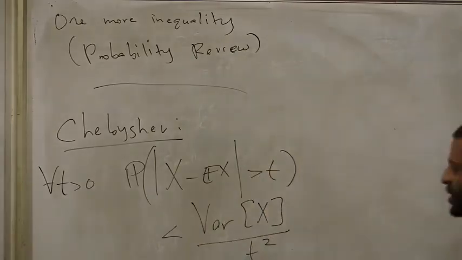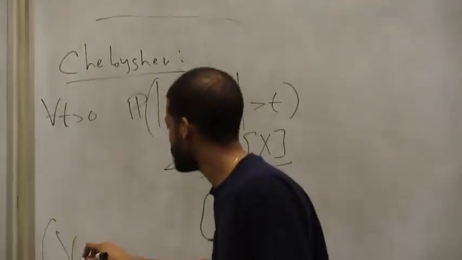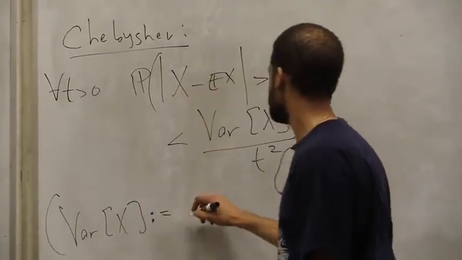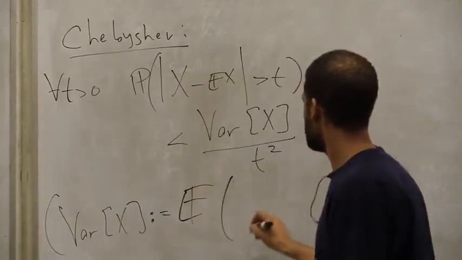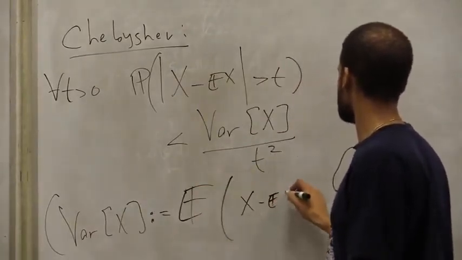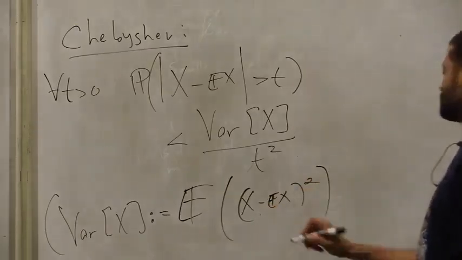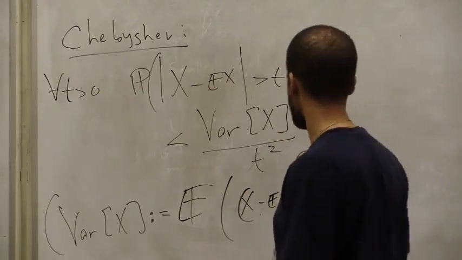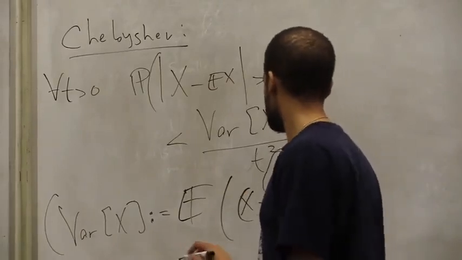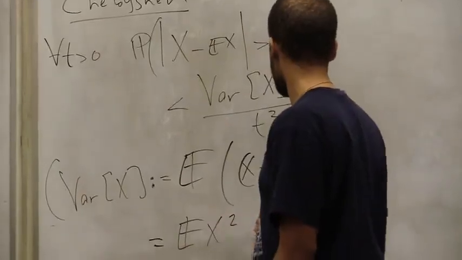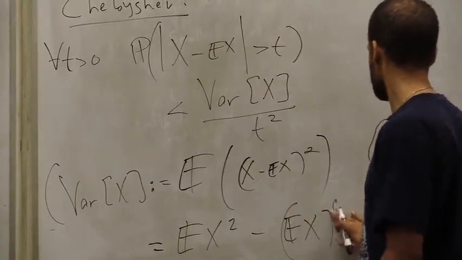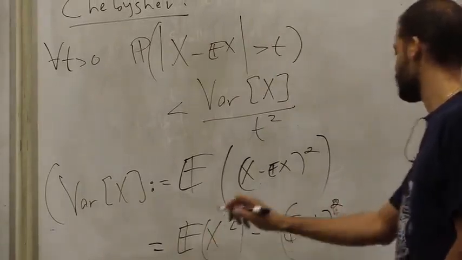And if you don't remember, the variance of X is defined to be the expectation of (X minus its expectation) squared, which, using linearity of expectation, you can prove is equal to the expectation of X squared minus (the expectation of X) whole squared. What I mean here is this is the parenthesization.